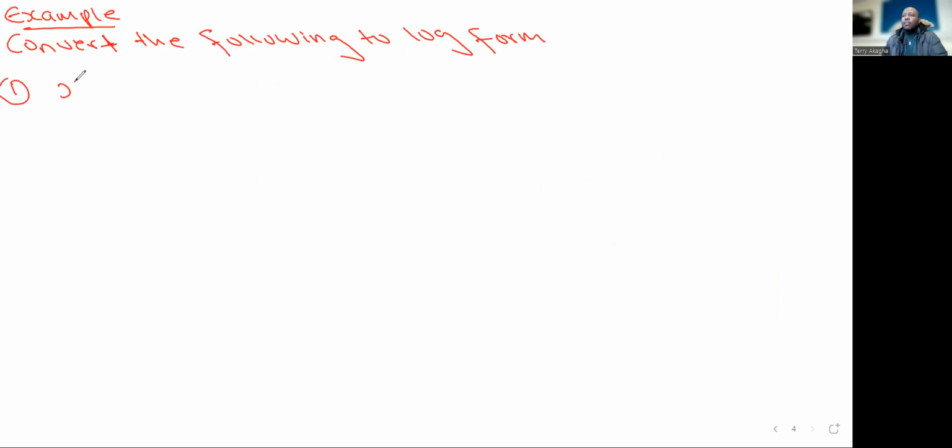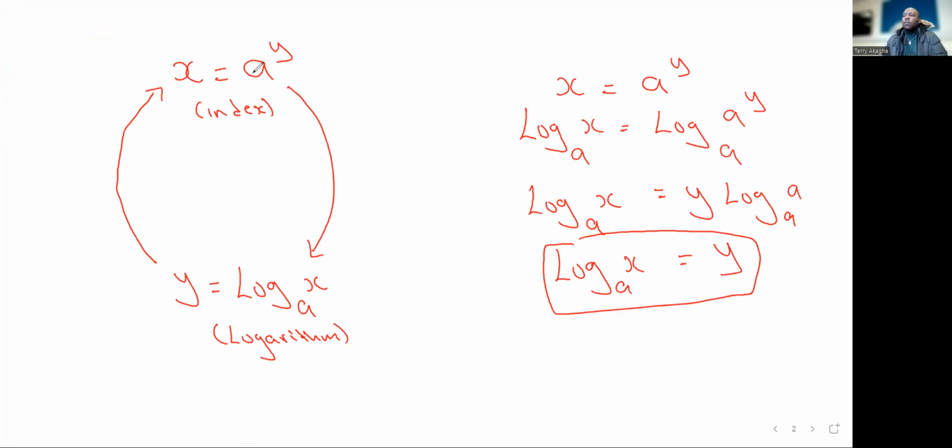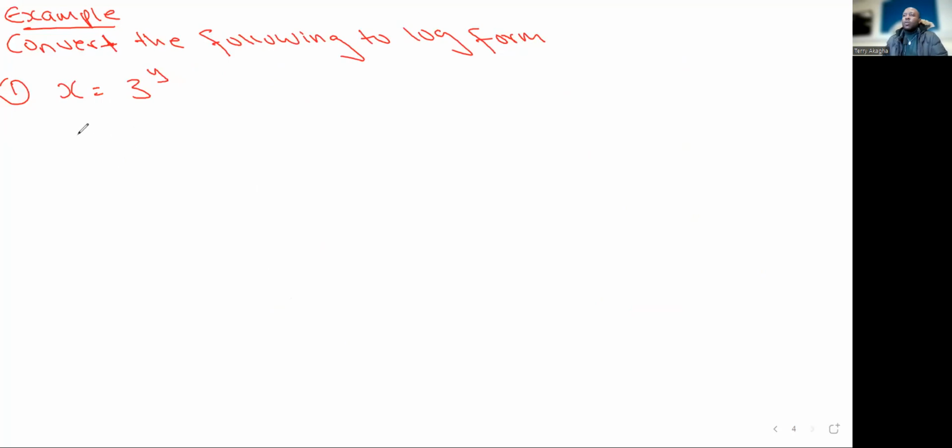We have x is equal to 3 raised to the power y. So similar to this, x is equal to 3 raised to the power y, it's going to be y is equal to log of x to base 3. So therefore, y is going to be log to base 3 of x, okay? Then if we have another one, we have x is equal to y raised to the power 4, the same thing.